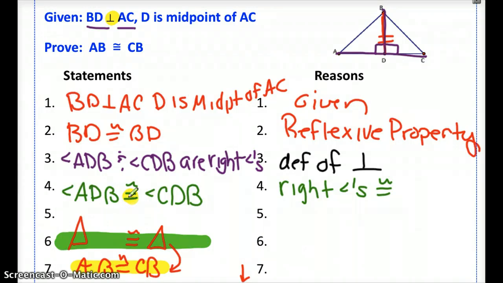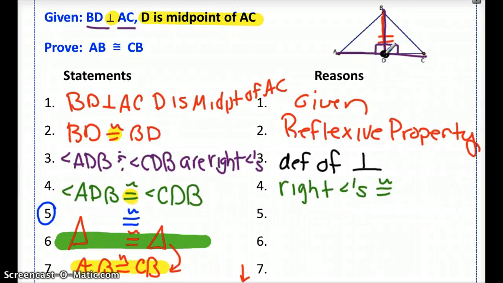So here's 1 congruent symbol. Here's 2 congruent symbols. I have 1 step left here. I have my number 5 step left, and I'm going to need another congruent symbol. That way I'm going to have 3 things congruent, and so then I can say my two triangles are congruent. I have not used D is the midpoint of AC.